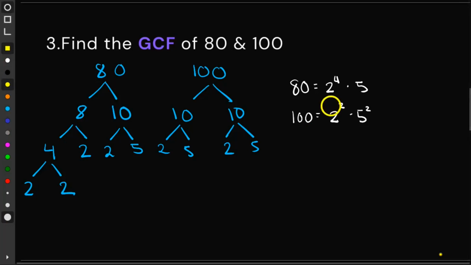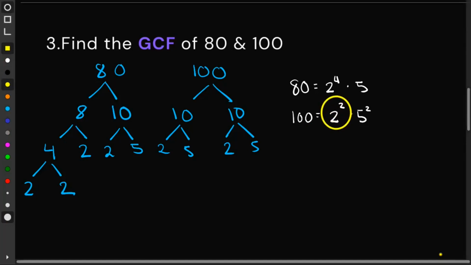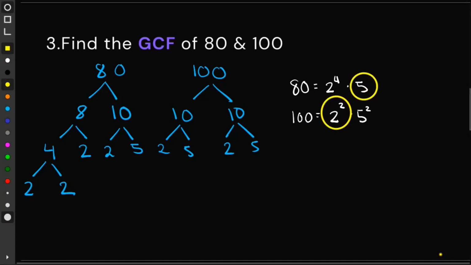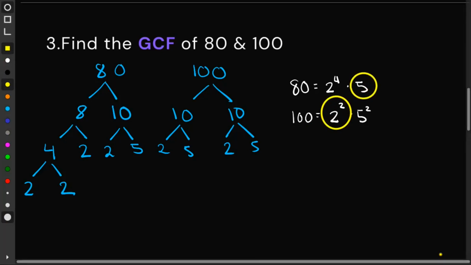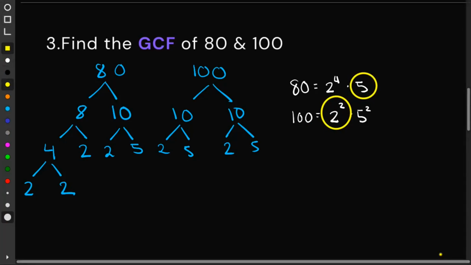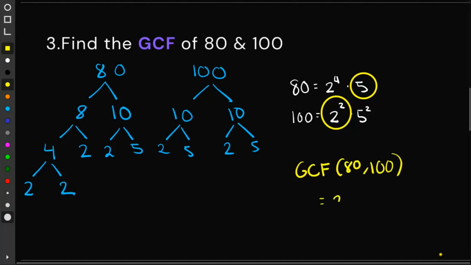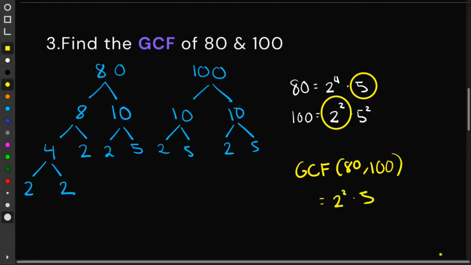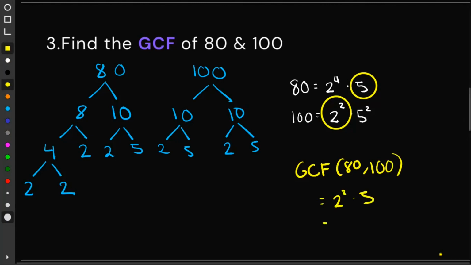So for this case, it's 2 squared and 5, since this one is 5 raised to 1. So we have the GCF of 80 and 100 to be equal to 2 squared times 5, or 4 times 5, which is 20.